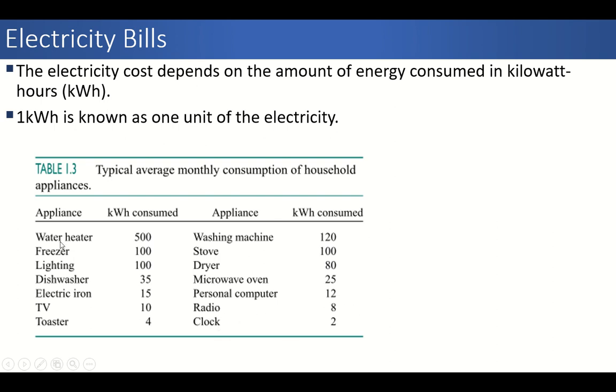So we can compute the kilowatt hours or units of energy consumed by each device in 1 month, and then we can compute the total number of units that we are consuming ourselves, and then we can compare the bill that is sent to us by the electric companies.